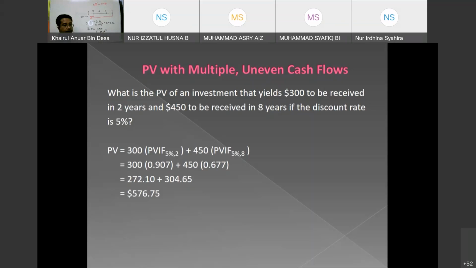So we're going to have 304.65. So here 304.65. So total 576.75. Inilah total di sini.